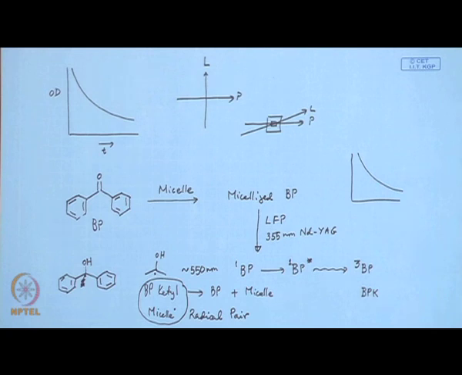And since it is a radical pair, it can have a singlet situation, or maybe triplet situation, depending on their spin arrangement. Okay. And in presence of some external magnetic field, you can expect a modulation of their spin state.